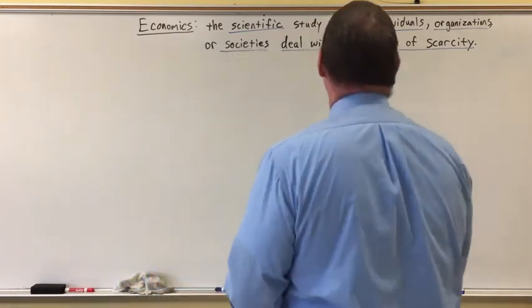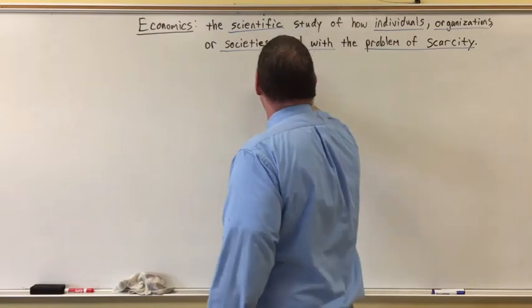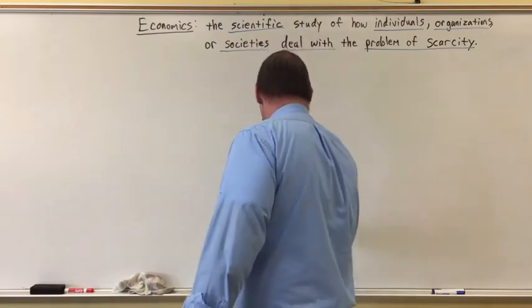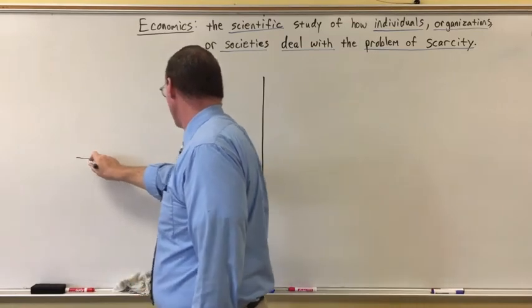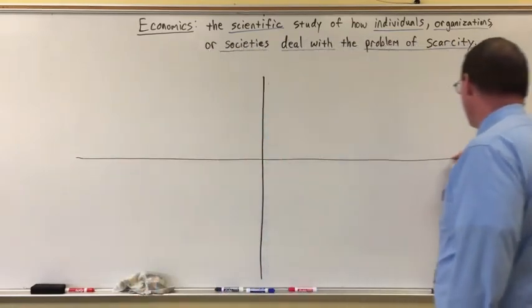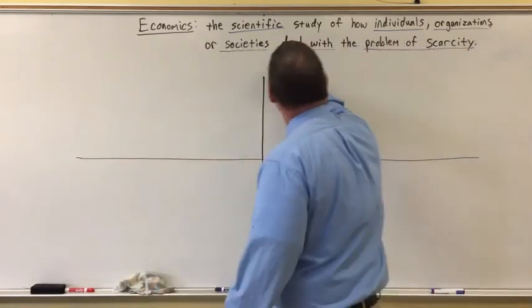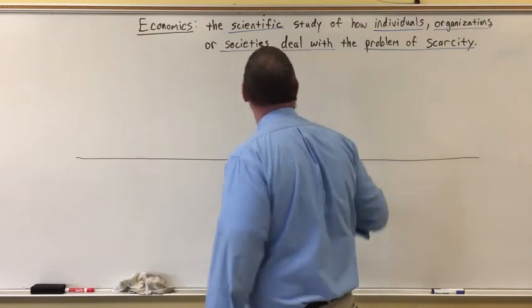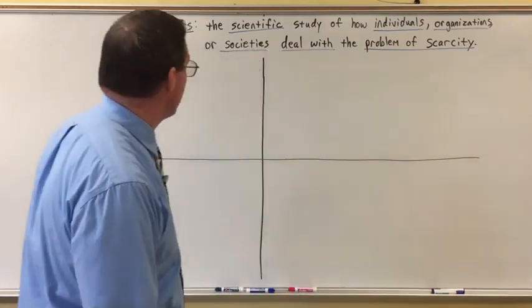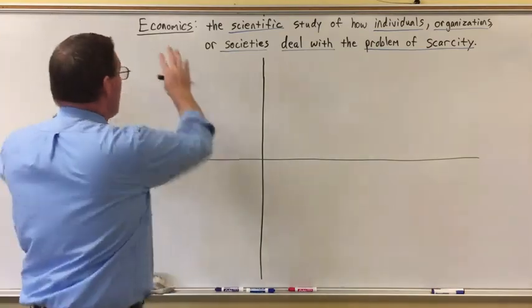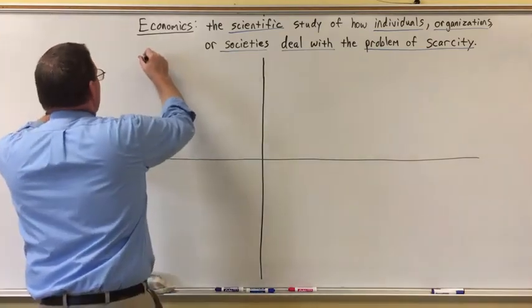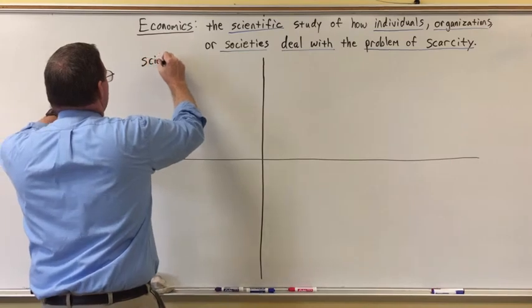So in order to do that, what I want you to do right now is, on your paper, I'm going to break up the board into four quadrants, like this, and I think you should also break up your notes into four quadrants. We're going to put each one of these subjects in each one of these quadrants. So economics is scientific.